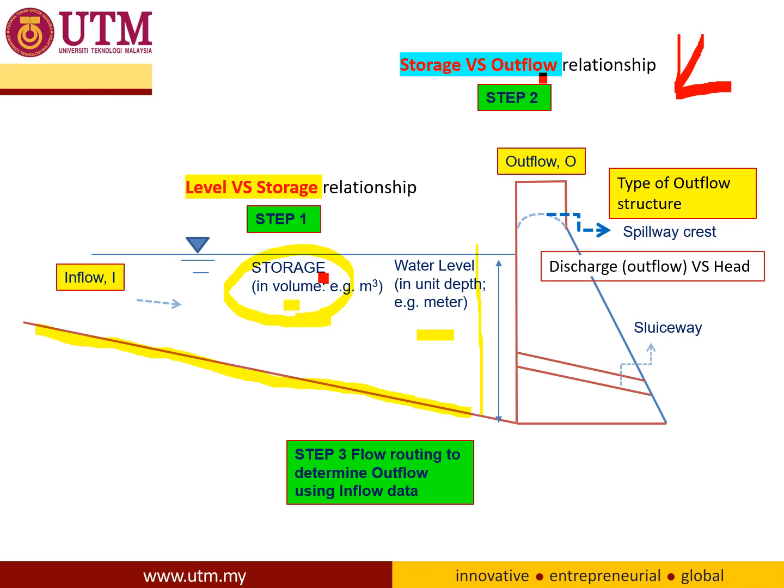When you get the storage versus outflow, and you use it together with the basic continuity equation, then you can do step 3. Step 3 involves the storage versus outflow relationship from step 2, and the continuity equation that was explained before. This is used to determine the outflow.